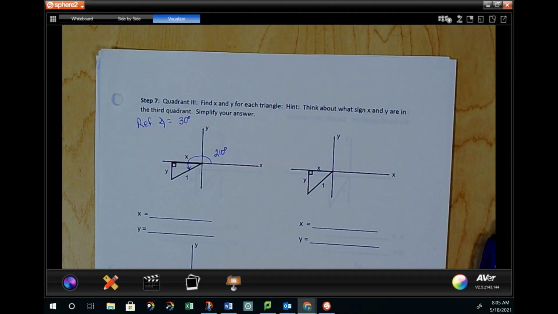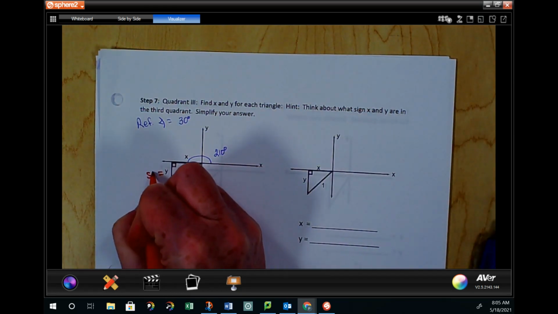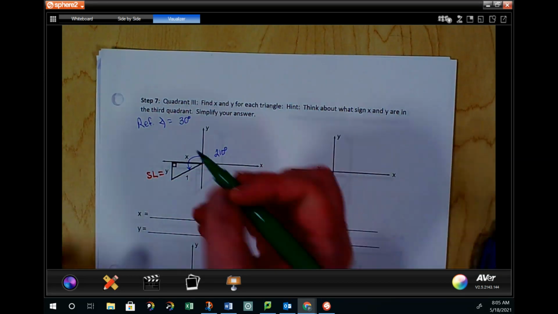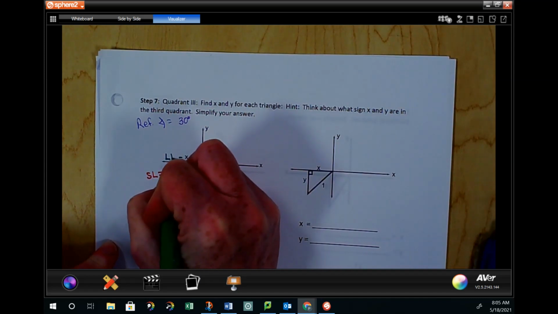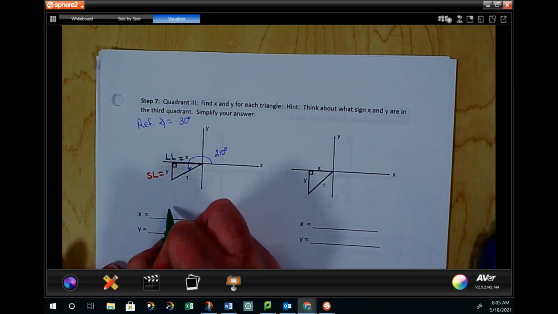With that 30-degree reference angle, this is going to be your short leg, and this is going to be your long leg. And the long leg is going to be the square root of 3 over 2.